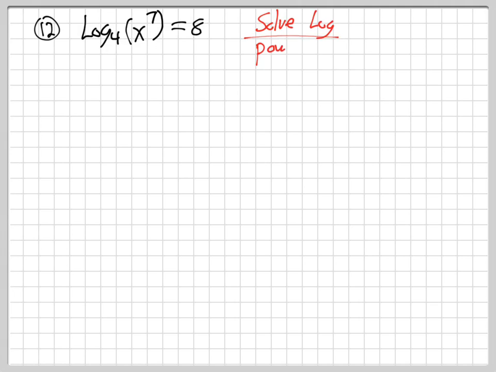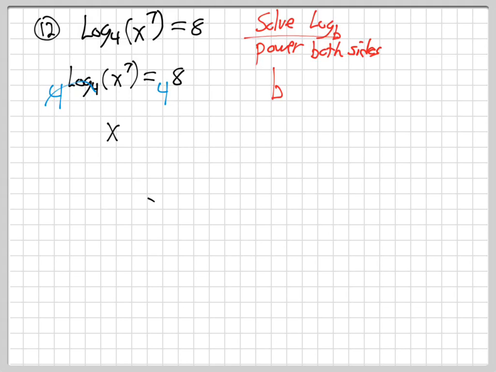For a log with a base b, power both sides by the b. So I'm going to take this log base 4 of x to the 7th, and I'm going to power both sides by the 4. And these cancel out. Power both sides by the 4, and it cancels out like that.